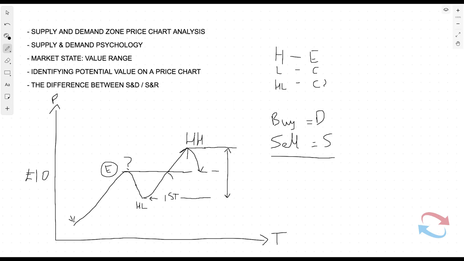Because like I said before, markets go from a trending market to potentially a ranging market to a trending market, etc. Yes, markets can trend for a while and they can range for a while, but those are the two market states. What we should always try to understand is where potential value is.